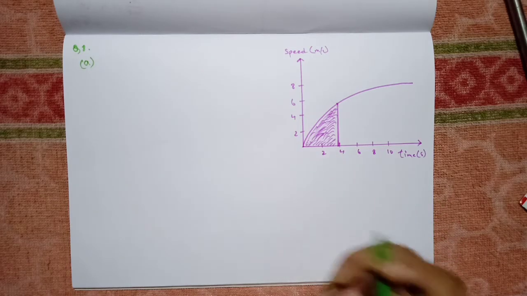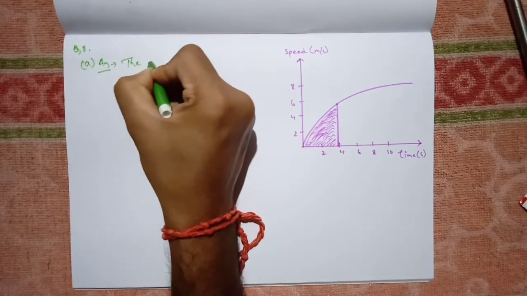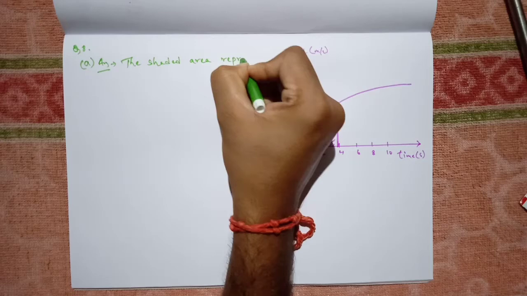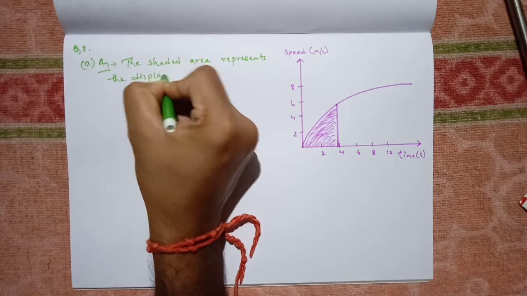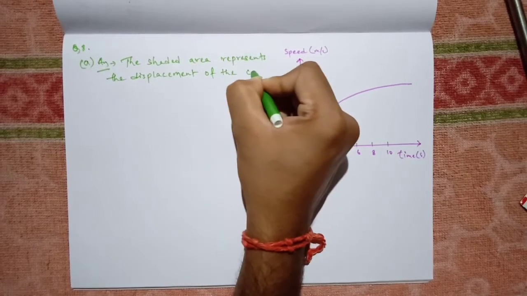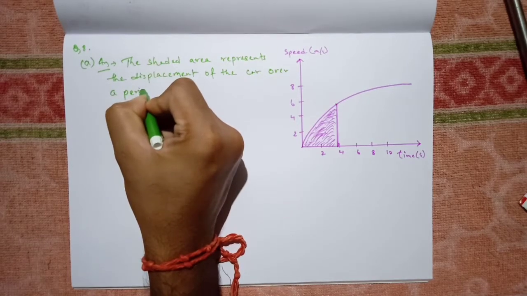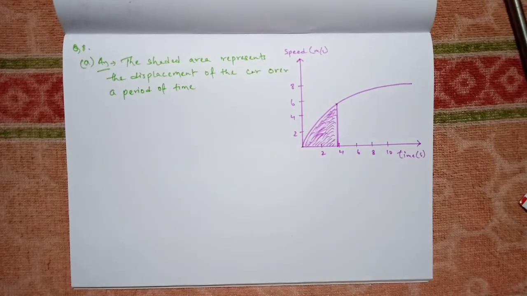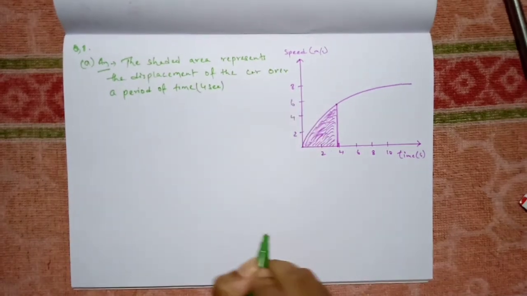So we'll be answering this as the shaded area represents the displacement of the car over a period of time, which is 4 seconds.